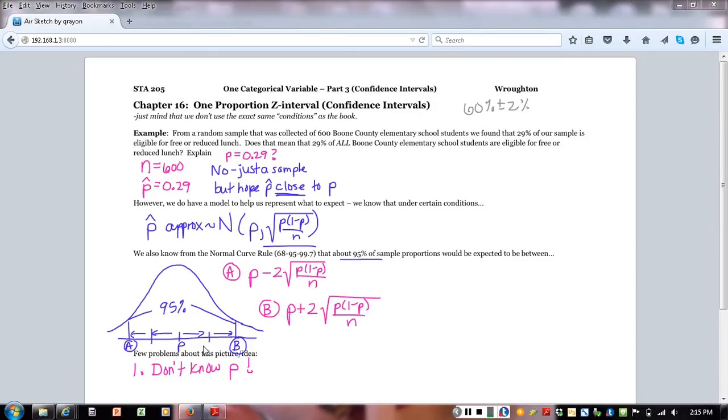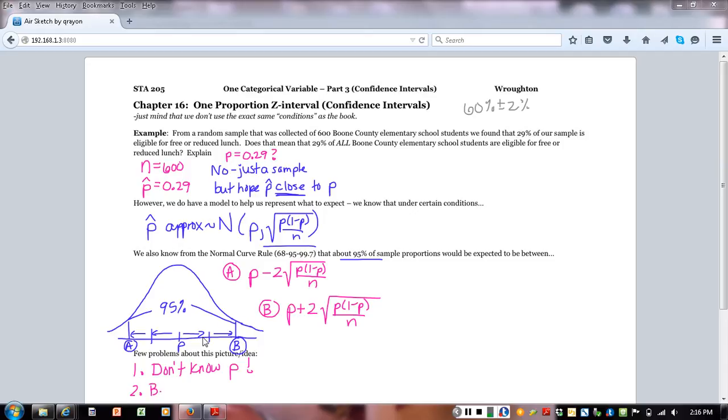Is it bigger or smaller than p? We don't know. We don't know where to actually place that on our picture because we don't know where p is, so we don't know where the graph is actually centered. Again, we expect p hat to be somewhere within this A to B area, at least 95% of the time. So we know it should be somewhat close to p, but exactly where it falls on that picture, we don't know.